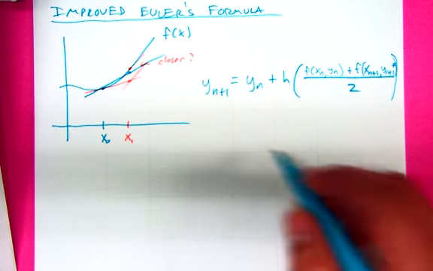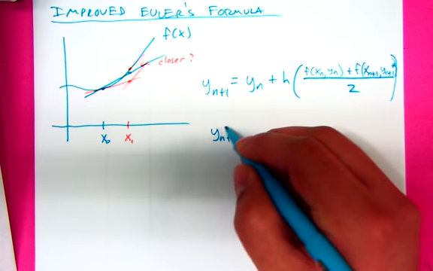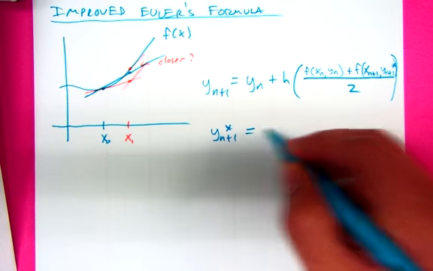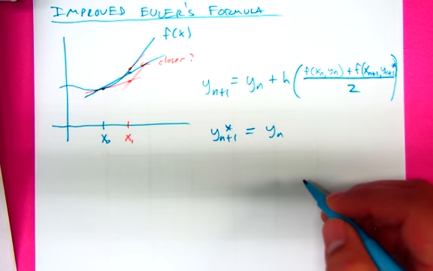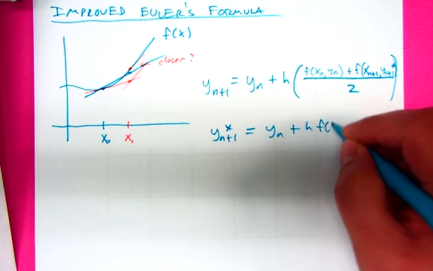Now, y sub n plus 1 star is simply calculated using regular Euler's method. You do y sub n plus h f of x sub n, y sub n.